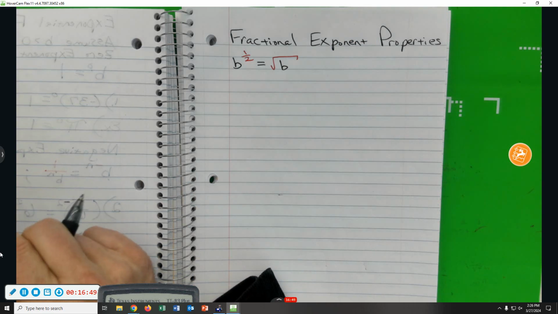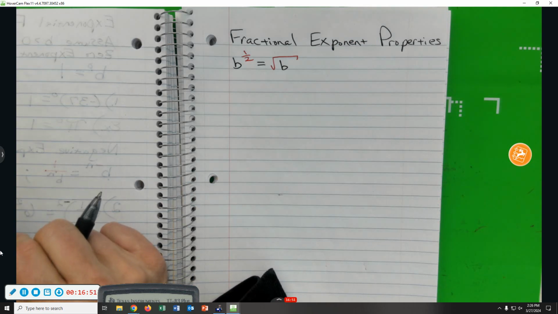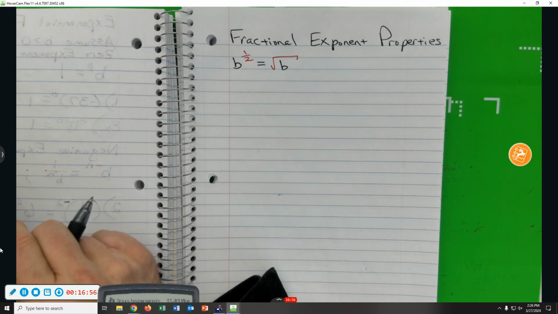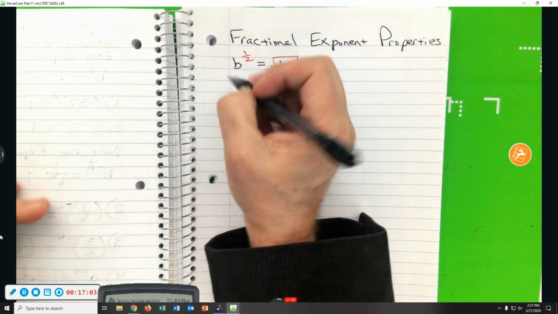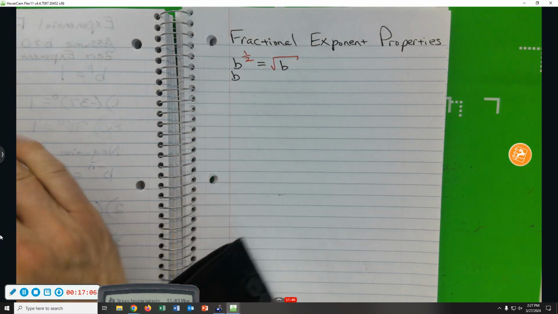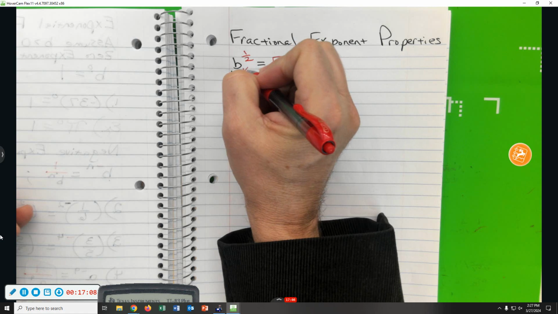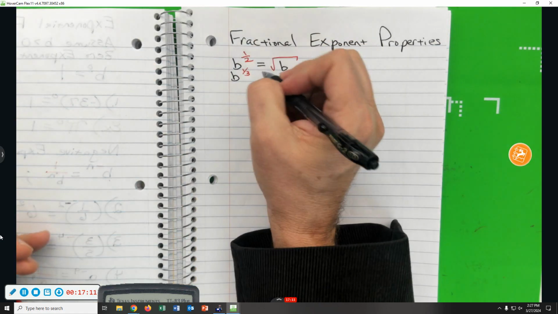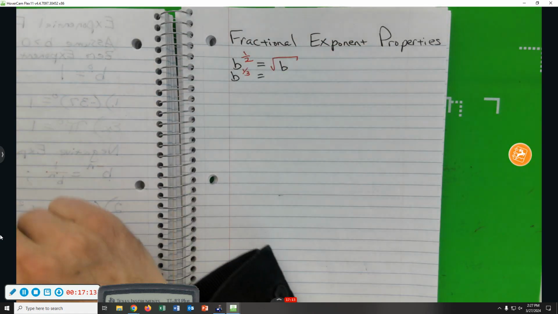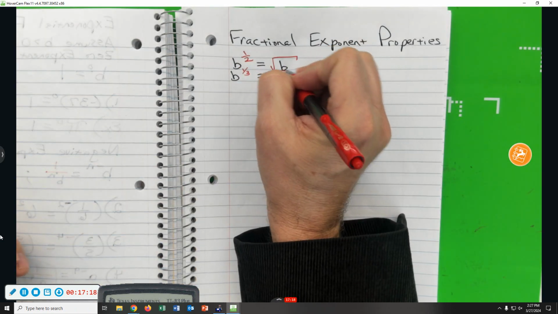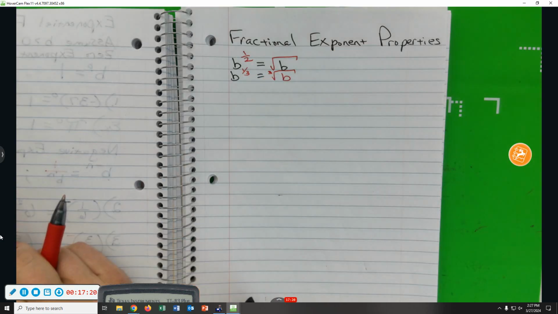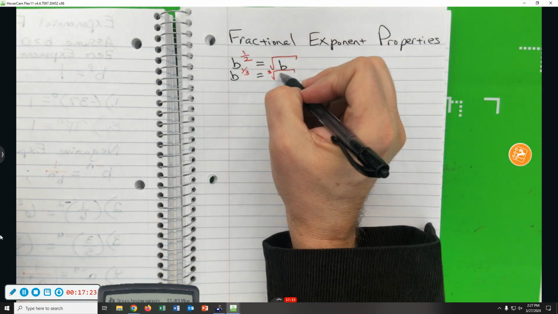I remember after those long involved radical equations towards the end of the assignment, we had a problem where it was quantities raised to the 1/3 power, and once you realized that exponent of 1/3 just meant a cube root. An exponent of 1/3 is the same thing as the cube root of b.